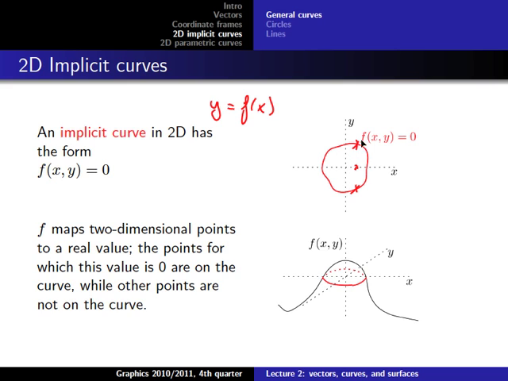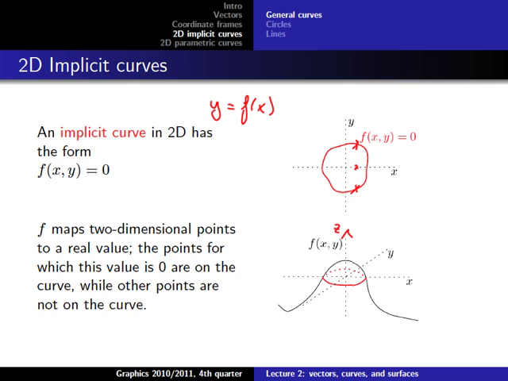So with a normal function we cannot describe this, but we can describe it with a construct like this: we basically have a function from 2D to a scalar. So we imagine this as a 3-dimensional space where we have a height, and then you can of course define a function with 2 parameters that gives you one unique height value for each parameter pair. And if we now take the intersection with the xy plane, so if we just look at the values where the height is 0, depending on how we define this function, we can get exactly this implicit curve.